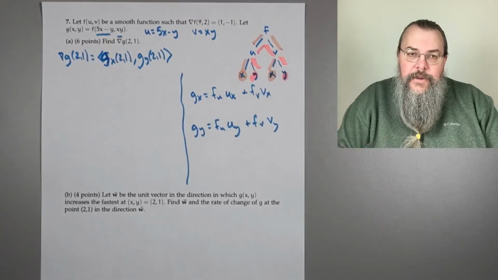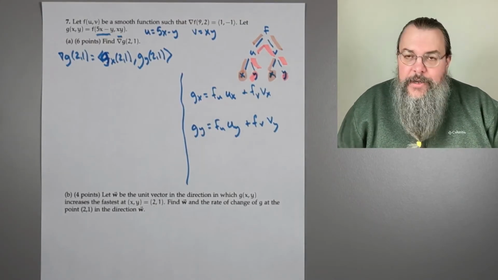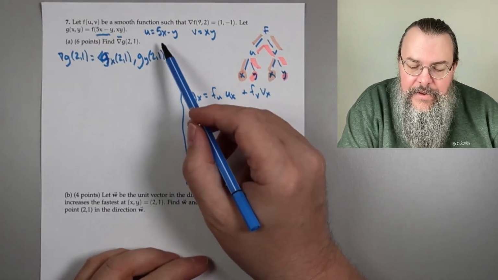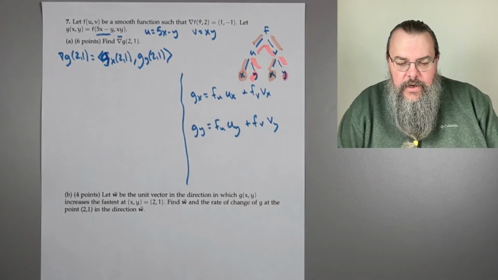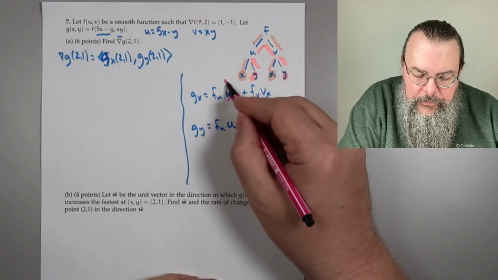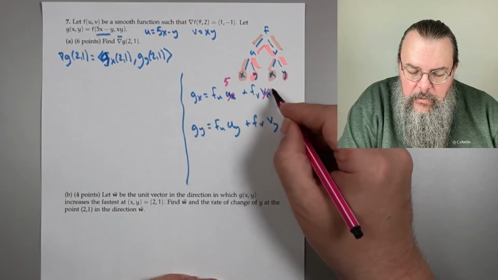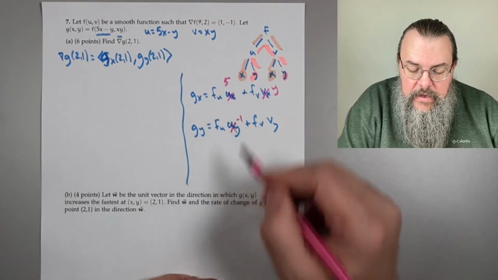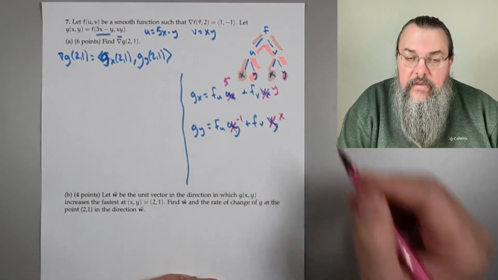All right, good. Now, do we know anything? Yeah, we know a lot of things. We know what u sub x is, so let's go ahead and replace what we know. So u sub x is 5, v sub x is y, u sub y is -1, and v sub y is x.